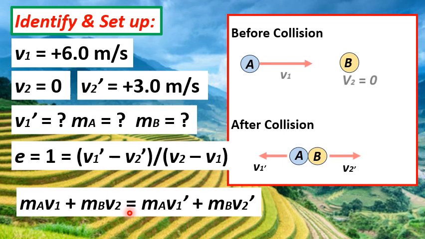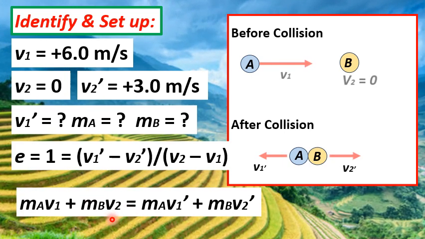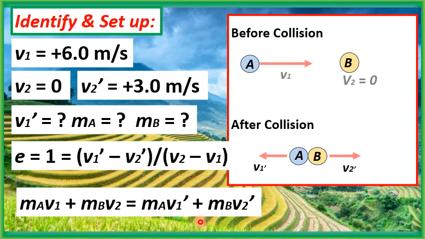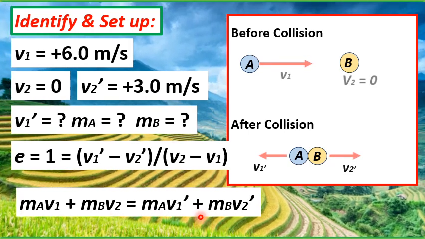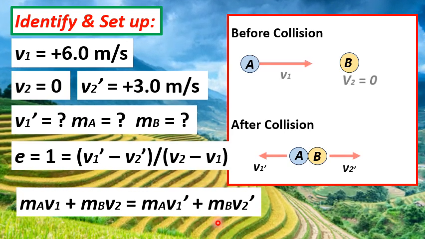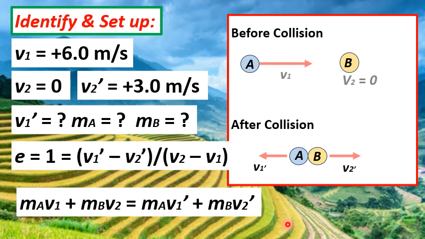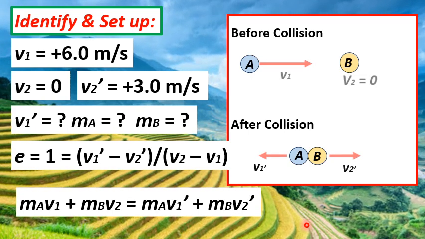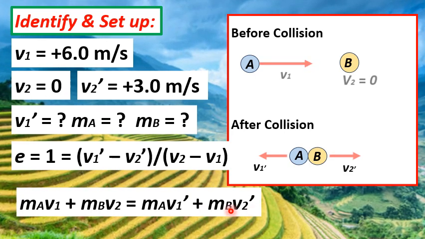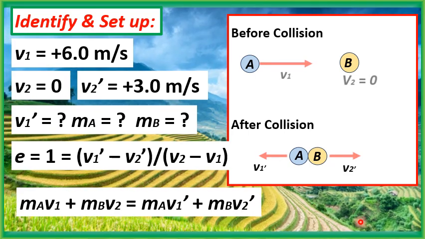So their sum is what we call the total momentum of the system before the collision. And that is equal to mA v1 prime, which represents the momentum of object A just after the collision, while mB times v sub 2 prime is the momentum of object B just after the collision. So their sum is what we call the total momentum of the system just after the collision.